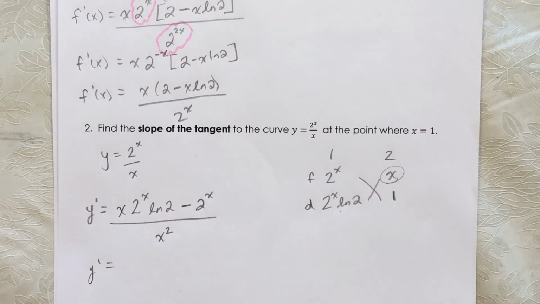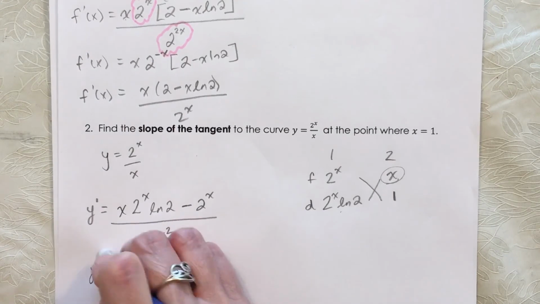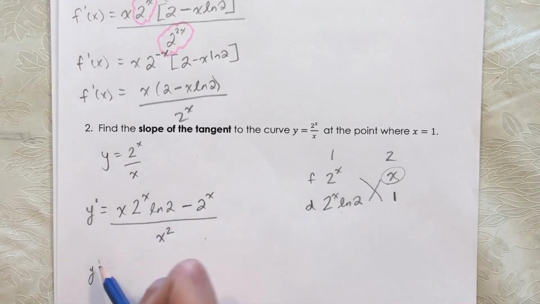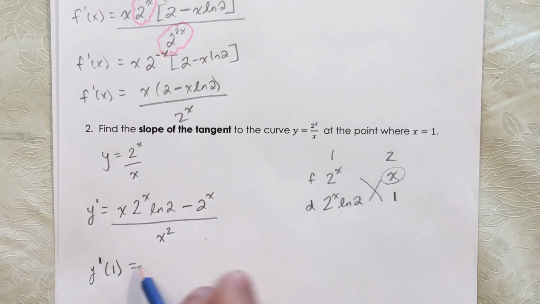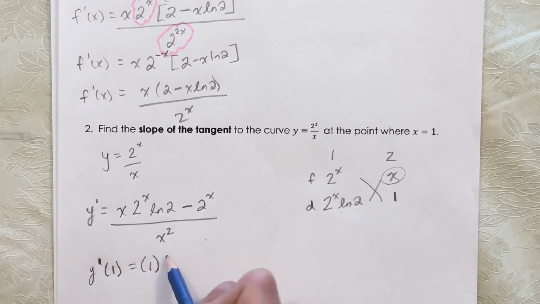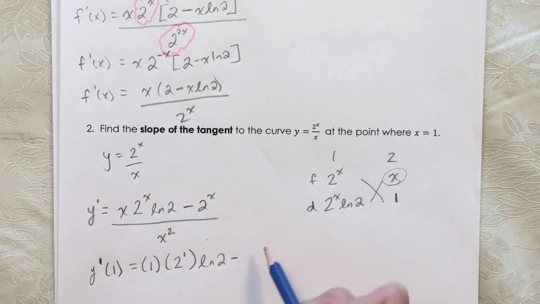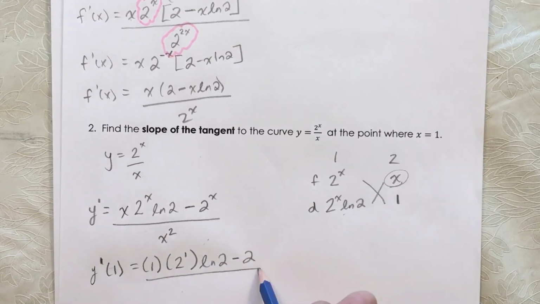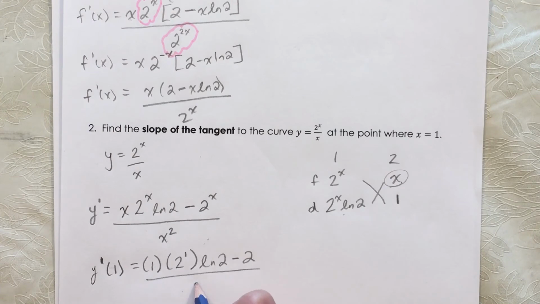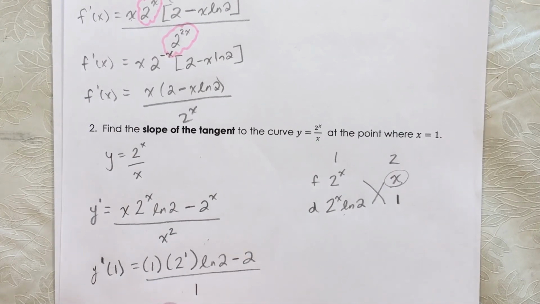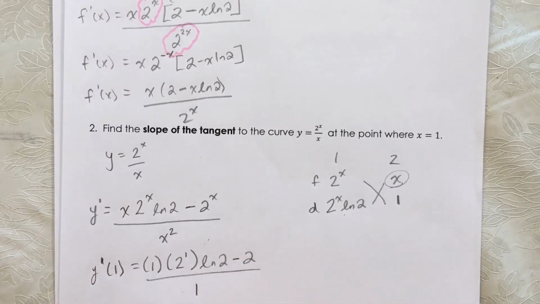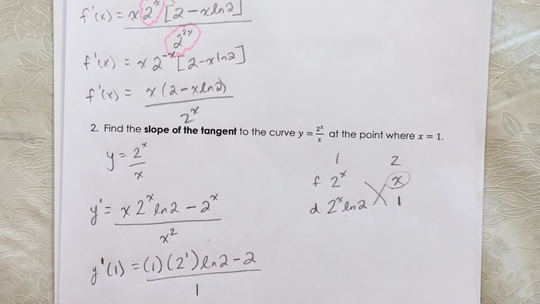We don't have to simplify it because we're substituting in 1. We want y prime at 1. So that's going to be 1 times 2 to the 1, ln of 2 minus 2 over 1 squared. So y prime at 1 is going to be 2 ln 2 minus 2.